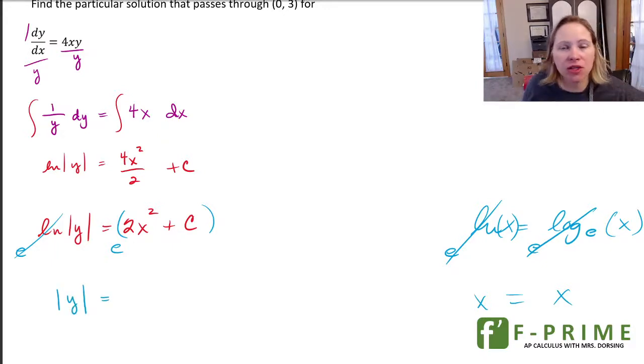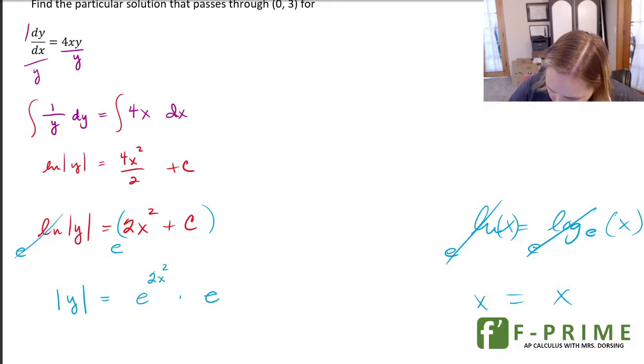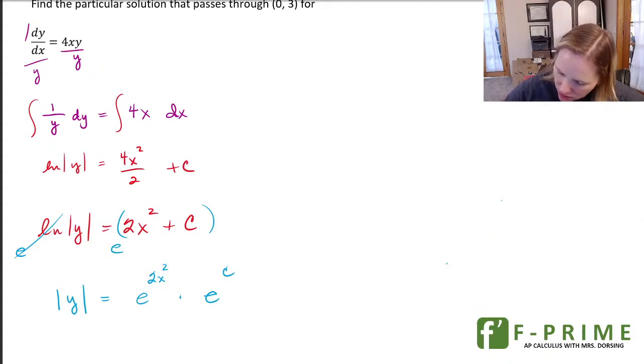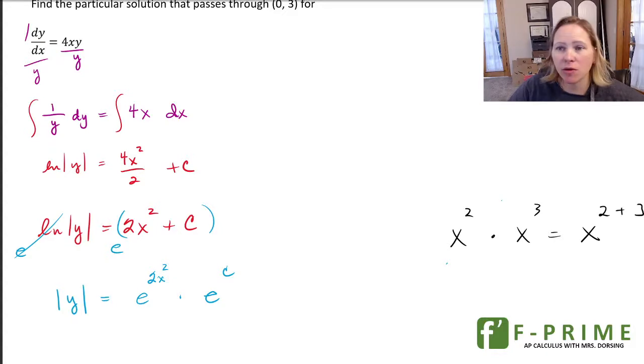Now watch what I do here with this right-hand side, and convince yourself that it's okay. I'm going to have e to the 2x squared times e to the c. So when I have two exponents, for example, when I have x squared times x cubed, we know that we can add those exponents together to get our equivalent form.